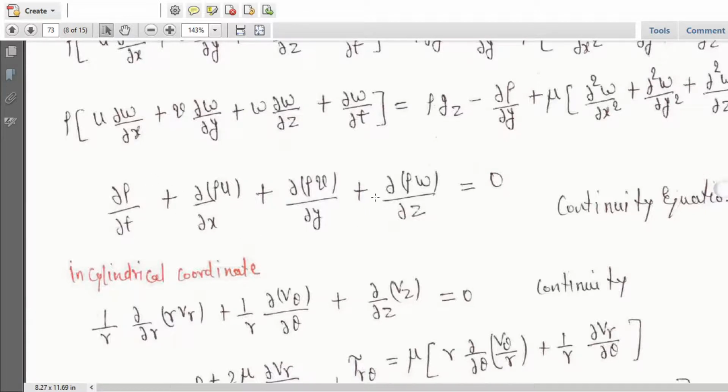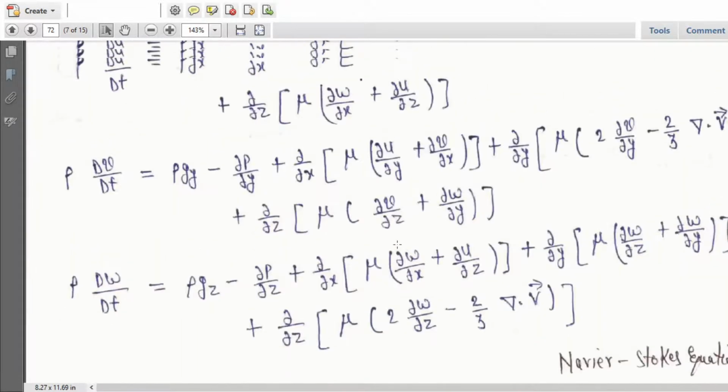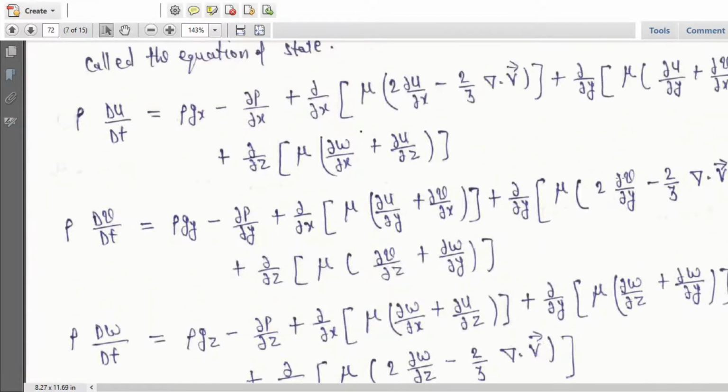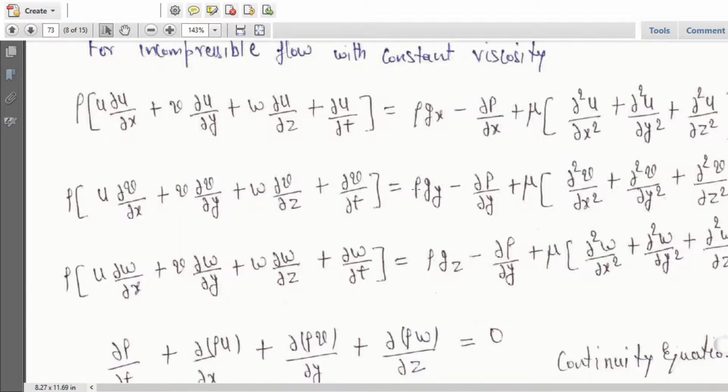Density will come out from here, so this term will become del u upon del x plus del v upon del y plus del w upon del z, which can be written as del dot v. So we can substitute del dot v here in this one, and this one equal to 0, and we can simplify it and we'll get these equations.